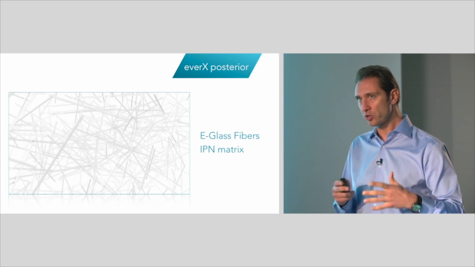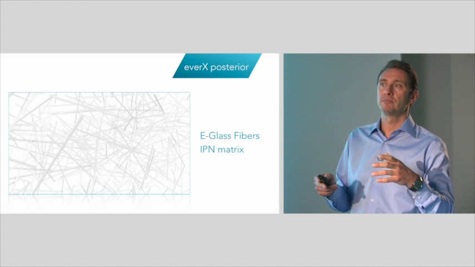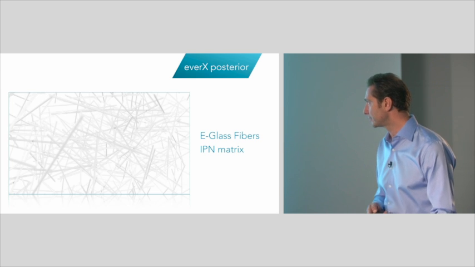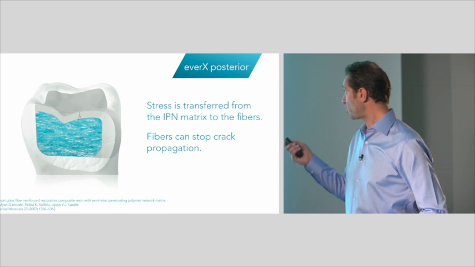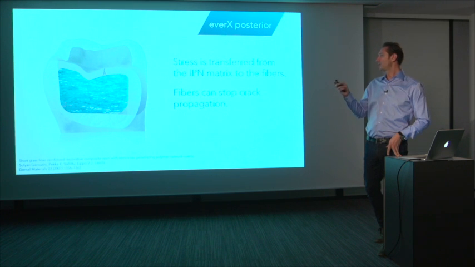So stress and forces will be flowing from matrix into fibers, and there the fibers will start to act. So the transfer, as I said, from the matrix to the fibers is the key.